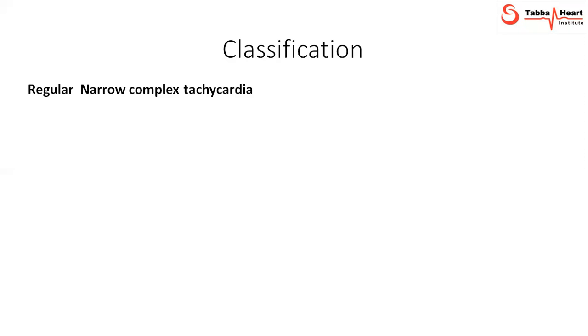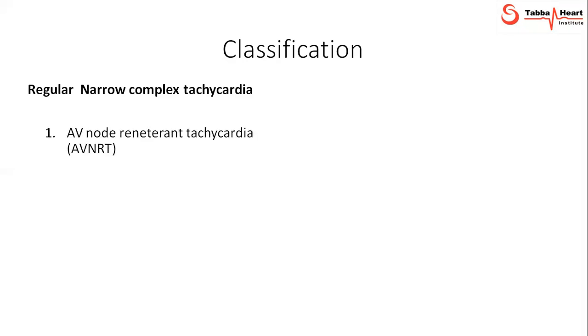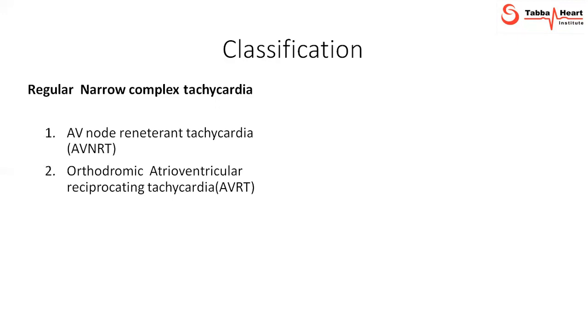So in a regular narrow complex tachycardia, you have only 4 possible differential diagnoses: AVNRT, orthodromic AVRT, atrial tachycardia, sinus tachycardia. ठीक है, इसमें junctional tachycardia भी आ जाता है, इसमें PJRT भी आ जाता है. These are less common causes, but they are all regular narrow complex tachycardia.